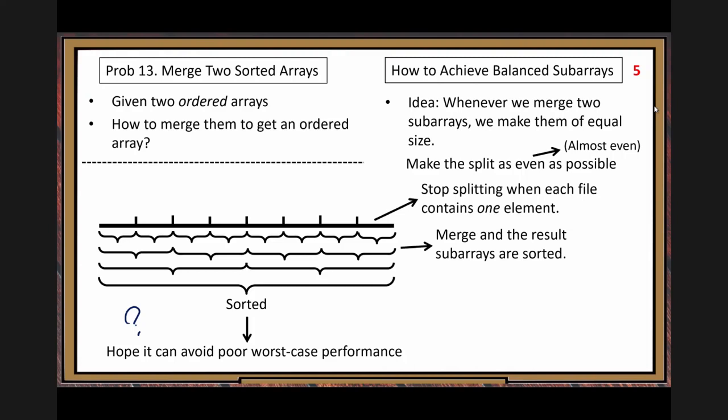So that's the reason we have this form. You will see later when we do the analysis of efficiency. We will get it. This is a nice problem.